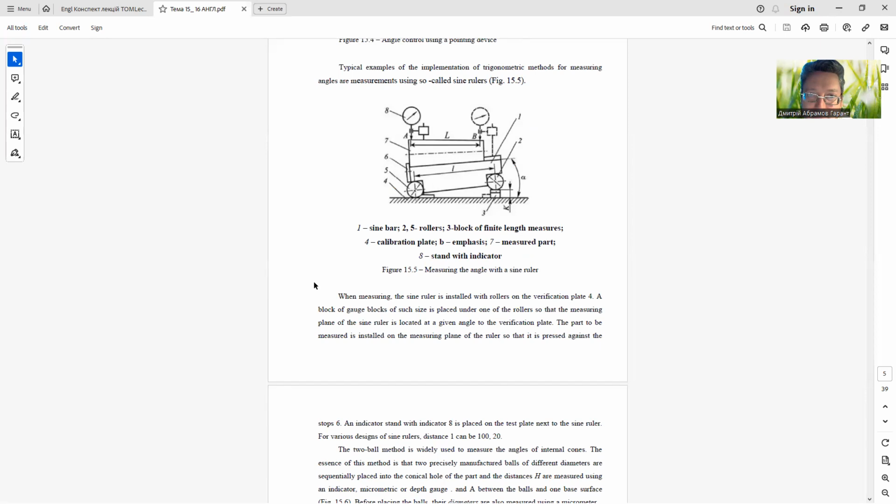Typical examples of the implementation of trigonometric methods of measuring angles are measurements using so-called sine rulers. You can see on figure 15.5 measuring the angle with a sine ruler.